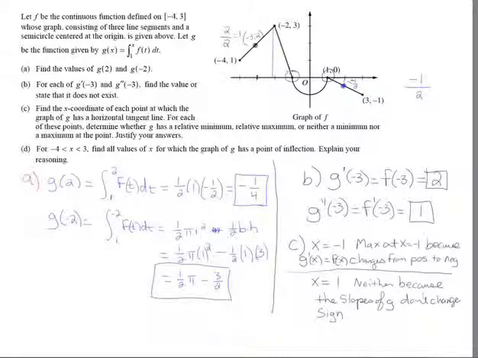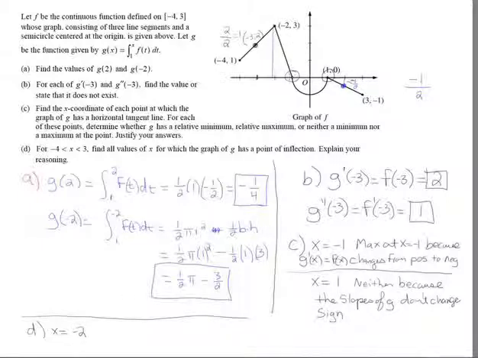So now we're talking about the slopes of f. So right here at -2, my slopes were positive and then they were negative. So part D, I know at least I have x equals -2.